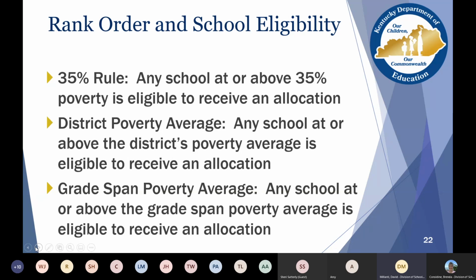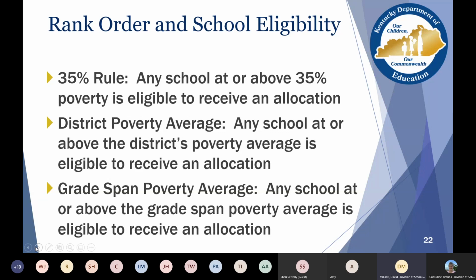The district poverty average, the same. If you select that, you're going to use your district poverty average, and that could be 65% poverty. So any school at or above, in that case, 65% poverty would be eligible to receive a Title I allocation.